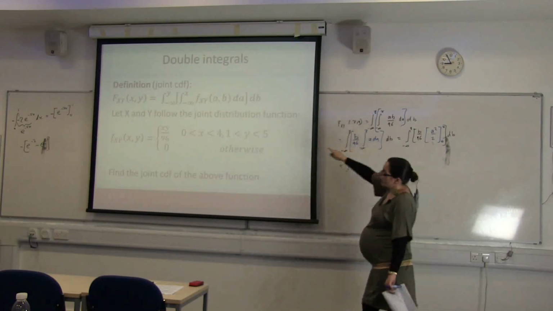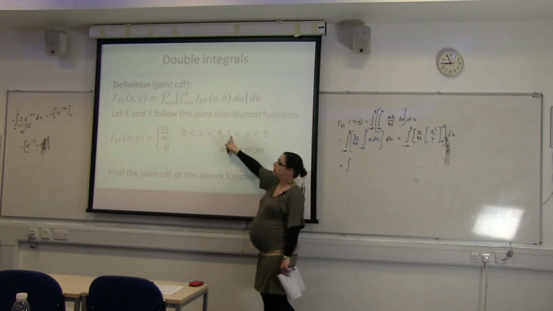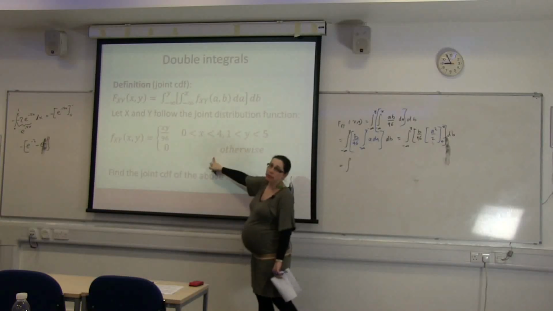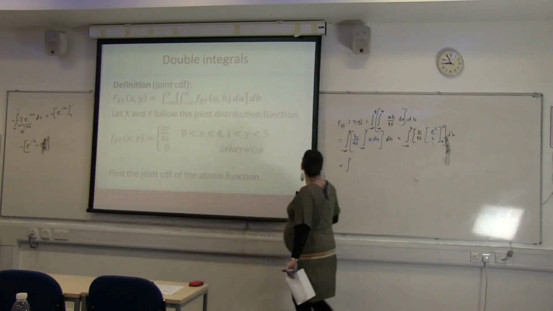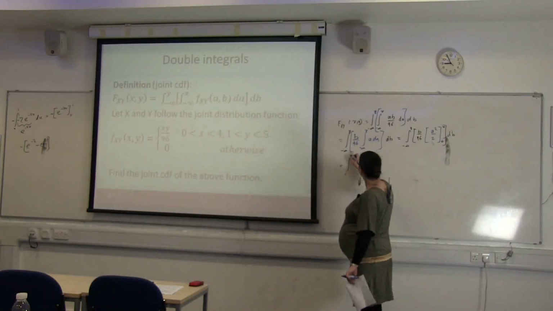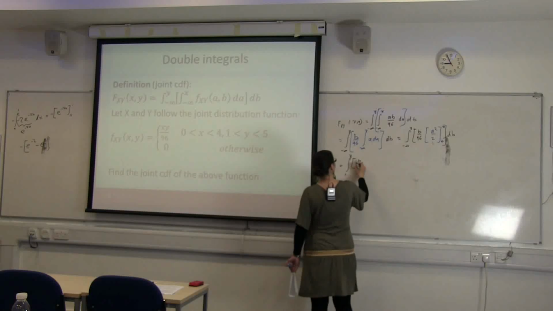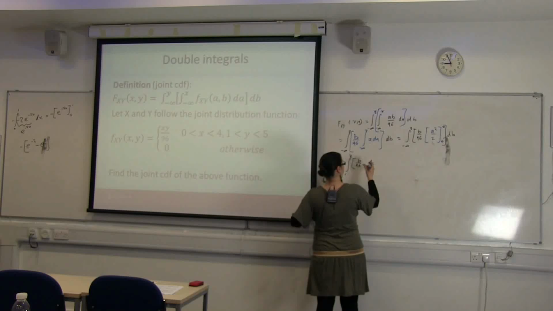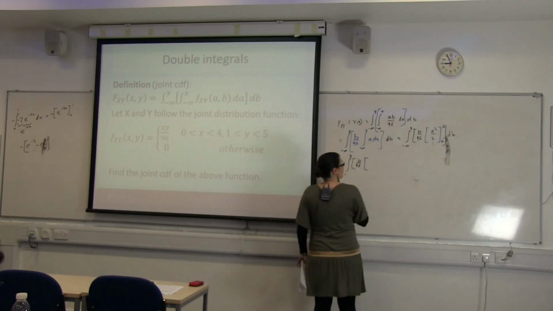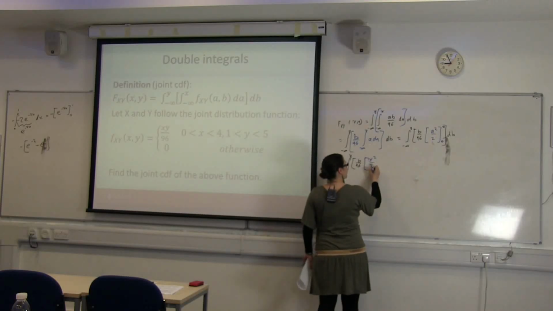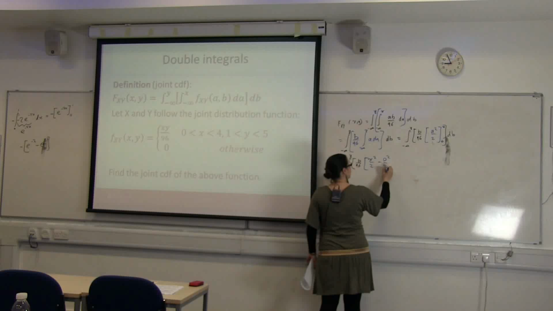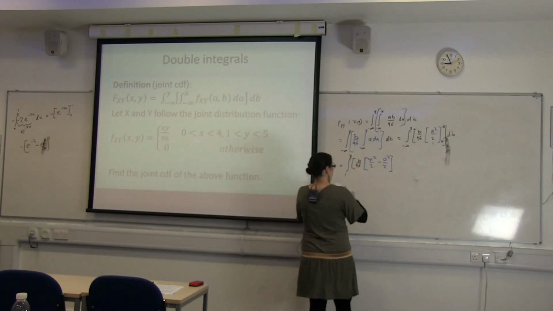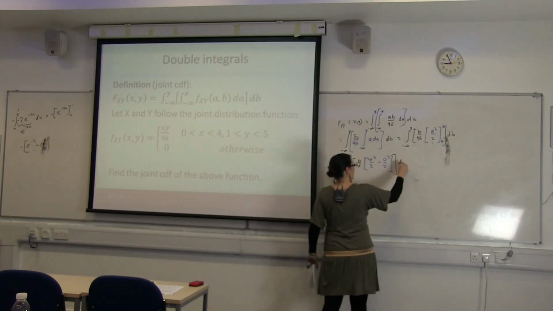Well, y is only allowed to change between 1 and 5, it is 0 otherwise. So I can just replace that with 1 to y. And then the top limit is x, so that's x squared over 2 minus 0 squared over 2, dB.